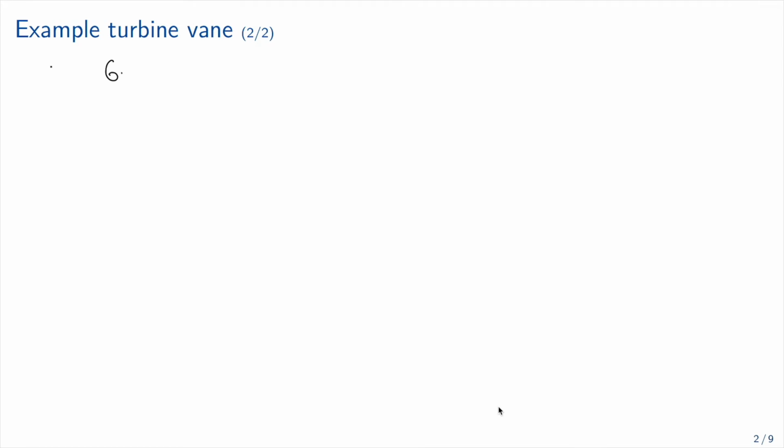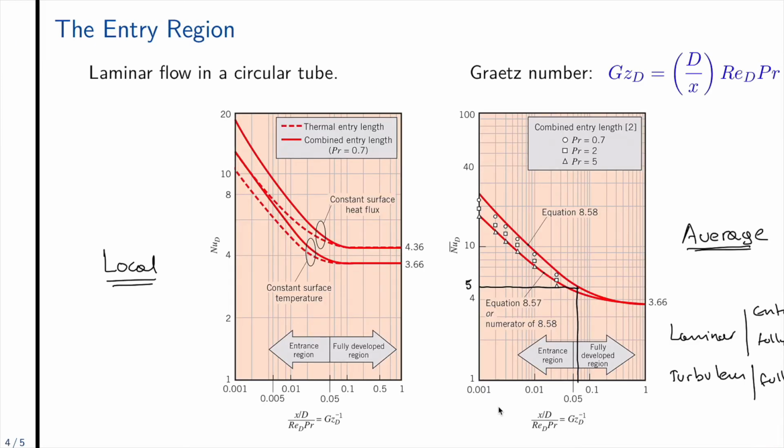Graetz is D multiplied by Reynolds multiplied by Prandtl and divided by L. And replacing the corresponding values, we obtain 16.57, and the value that we need in the table is 1 over Graetz, which is equal to 0.060.